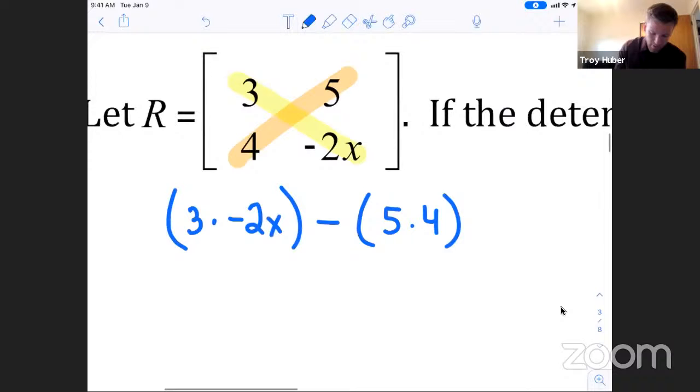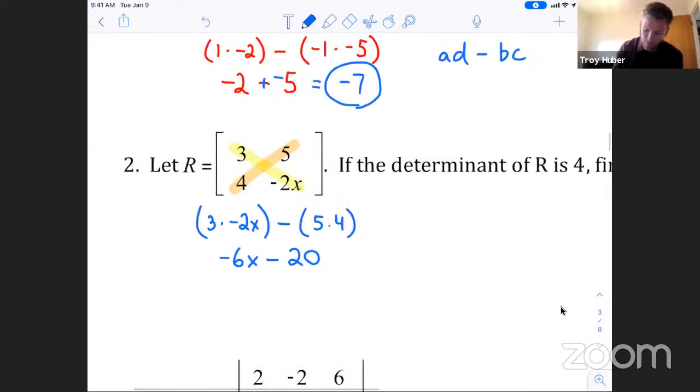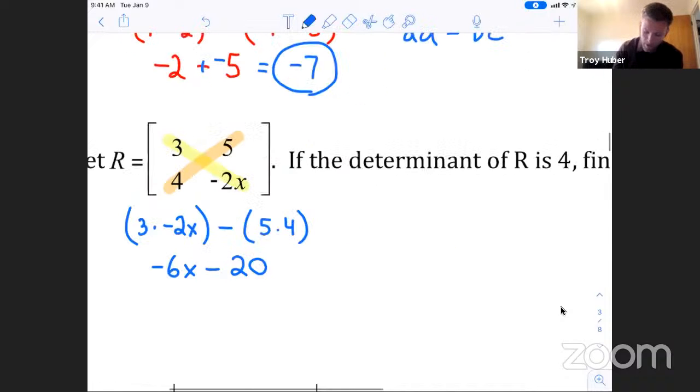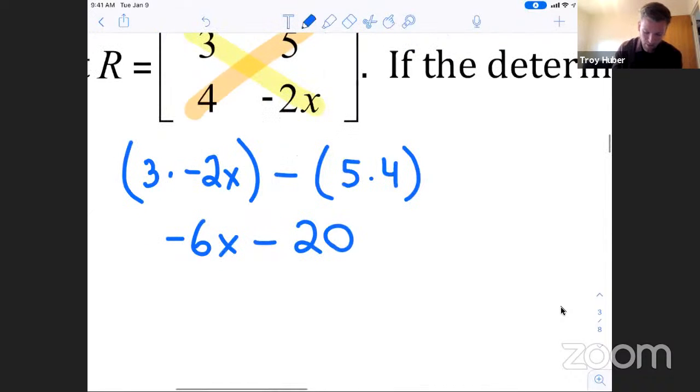So I get -6x minus 5 times 4 is 20, and it told us that the determinant is 4. So I just write equals 4.